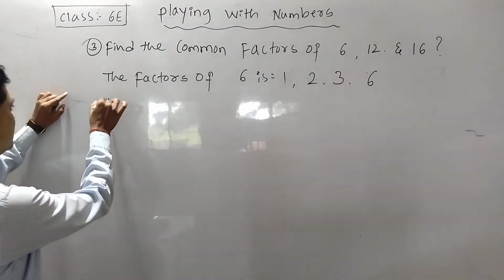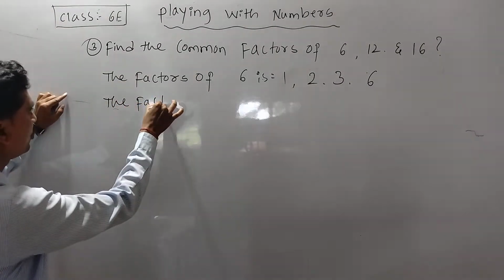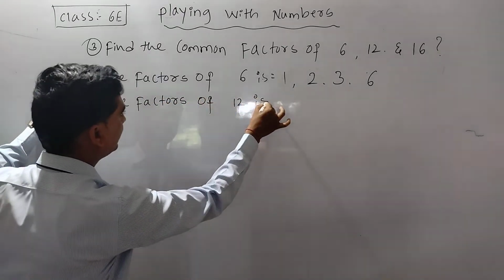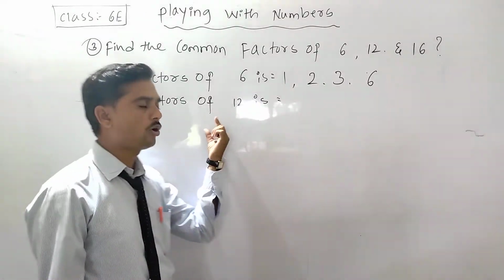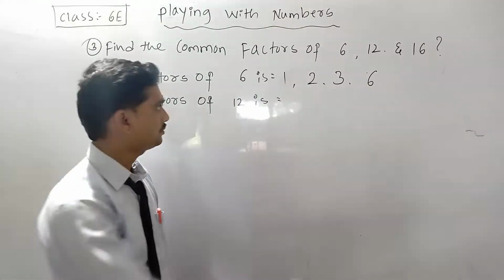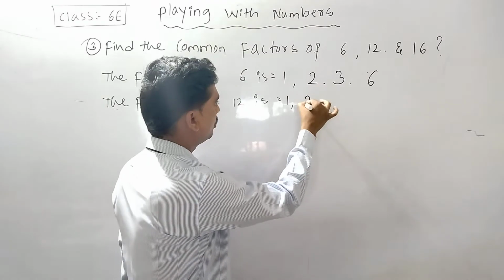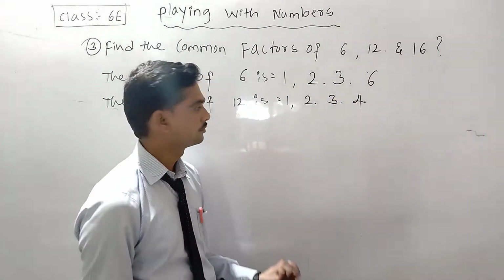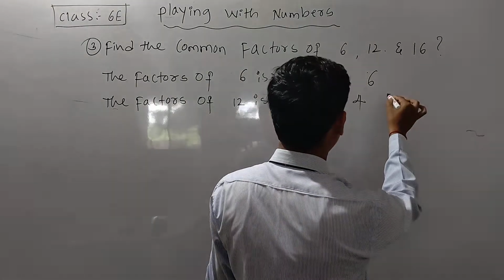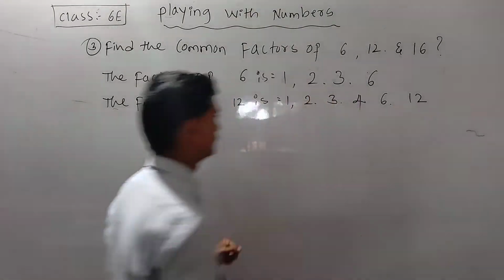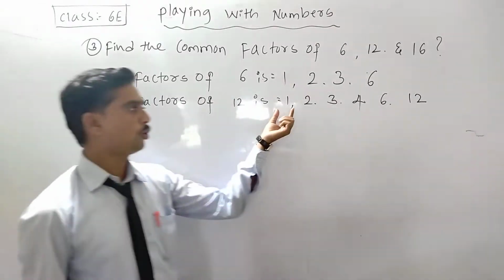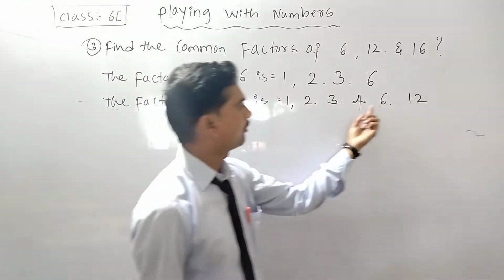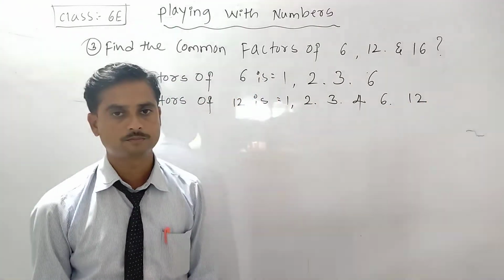And next one, the factors of 12 are 1, 2, 3, 4, 6 and 12. These are the factors of 12. How many factors does 12 have? 1, 2, 3, 4, 5, 6 factors.